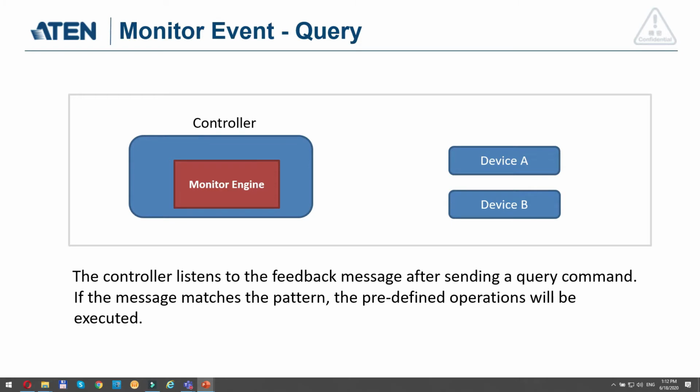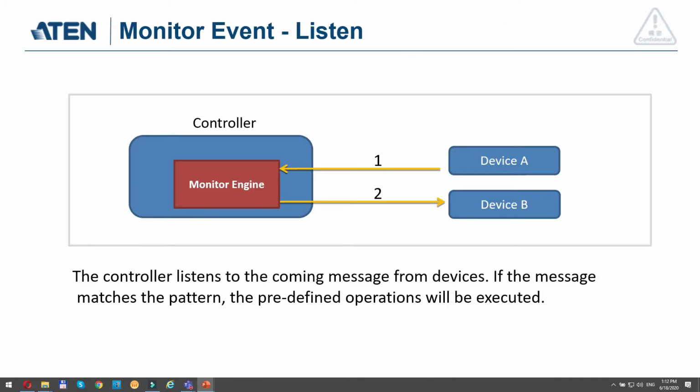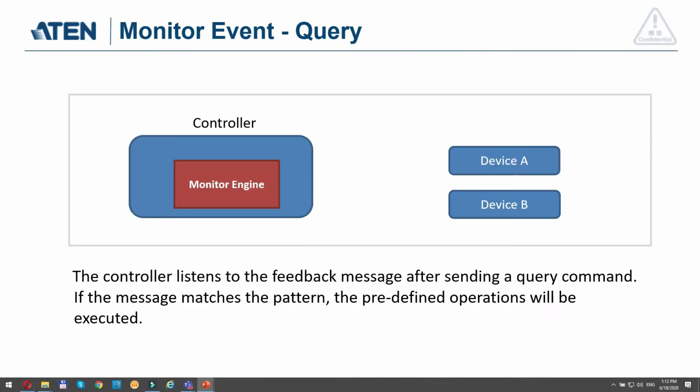Query means I don't have to wait for some of the equipment to send me an alert or a state. Query means I'm actively asking the equipment, hey, what is your state? Maybe I need to know if the projector has some hours left in the lamp.